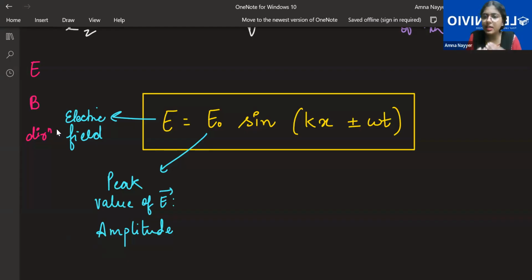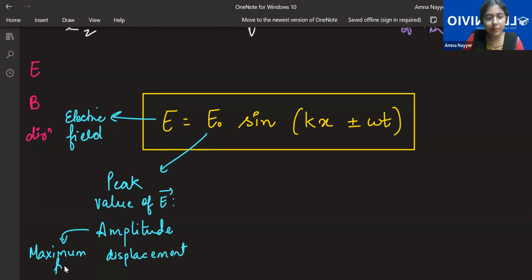See, for waves, just treat waves like very, very small dots resting on the axis. And when they are in movement, they are rising to different heights. Amplitude will be the maximum displacement from the mean position.